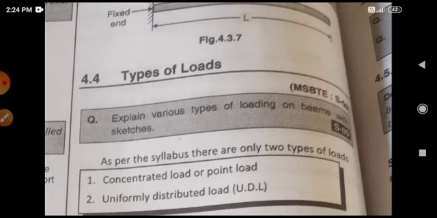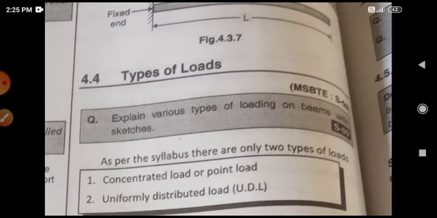Say if the support is simple supported, that means only one reaction will be at the support. If a roller support is there, then in that case also only a single reaction will be there.